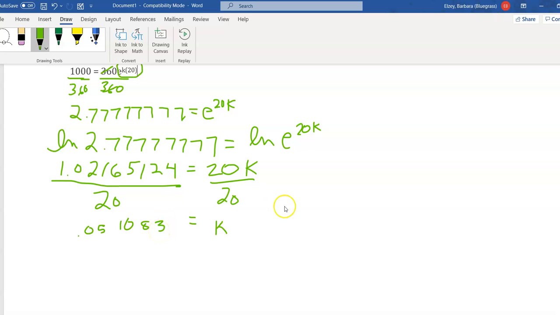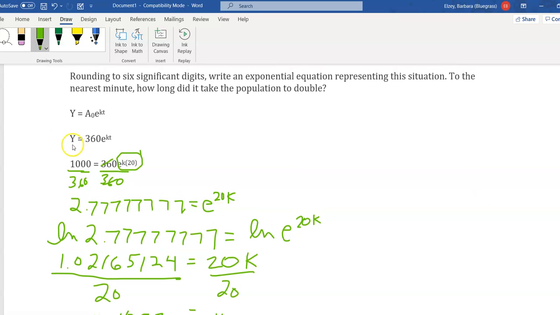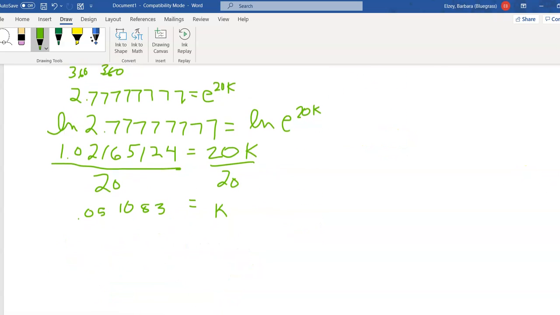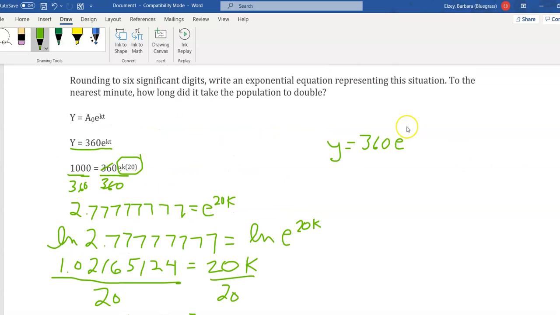Now that I know what k is, I'm going to go back to the very first equation that I set up right here, and I'm going to put k in. So I've got y equals 360 e to the 0.051083, and then I still have the t.